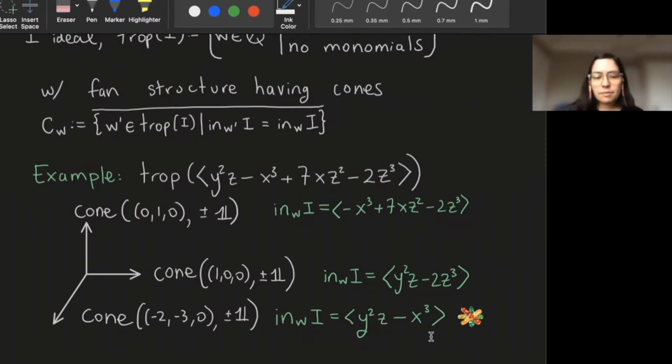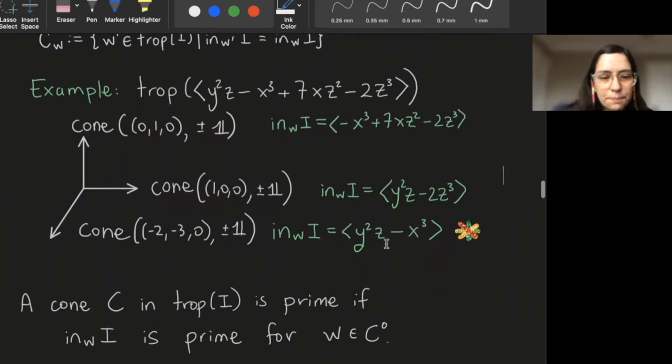And in that sense, this one has a star because it's very special. Why is that? Well, I'll define it. Notice that, which one is easy to see? This one is easy to see. This one is not a prime ideal. So I don't like it.